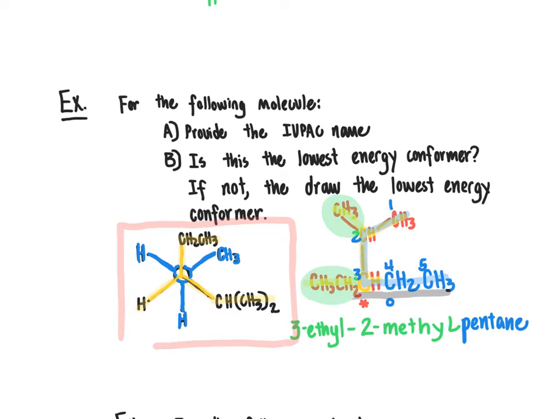And remember that by definition, the lowest energy conformer has to have the bulkiest group that's bonded to the carbon in front separated by a dihedral angle of 180 degrees from the bulkiest group that's bonded to the carbon in back.